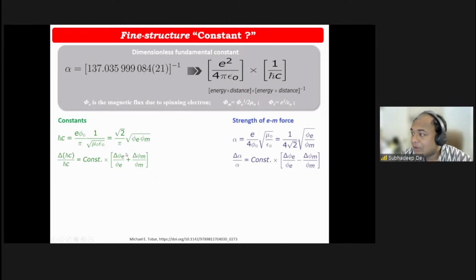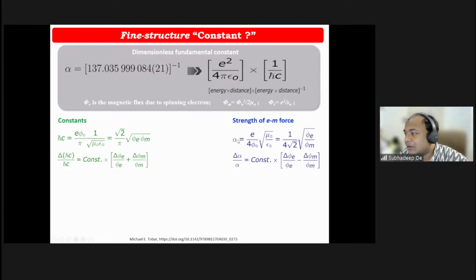Okay, now let me take the other part, that is e squared by 4 pi epsilon naught. Sorry, not the other part, actually the entire thing, alpha. So alpha is e over 4 phi 0, where phi 0 is again the magnetic flux due to spinning electrons, times the square root of mu 0 over epsilon naught, and that again can be written in terms of phi e and phi m.